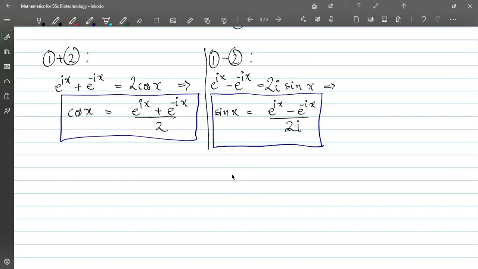Okay, so from these two we can also get series expansions for cos x and sin x. So I think we have 10 minutes left, so we'll find the series expansion of cos x, and similarly you can by yourself find the series expansion of sin x.